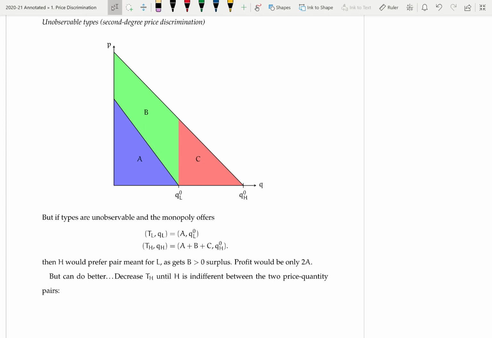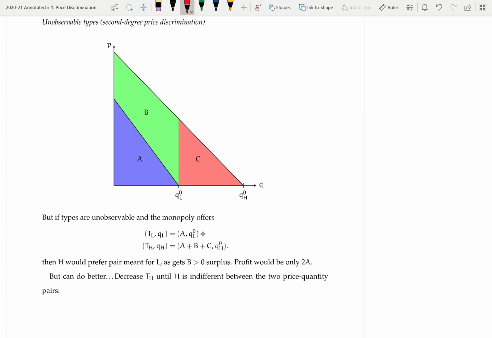So the menu of price quantity pairs, there are two price quantity pairs here, is this. Let's think about which of these pairs L would choose and which H would choose. Now here we have to think about which pair gives each consumer the highest consumer surplus. Let's think about L. They were getting zero consumer surplus before from buying this option.